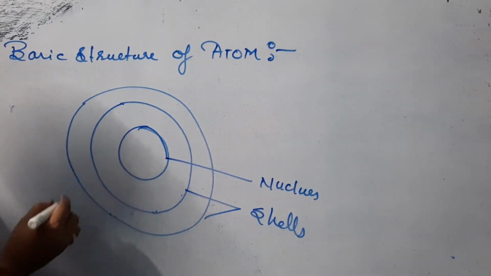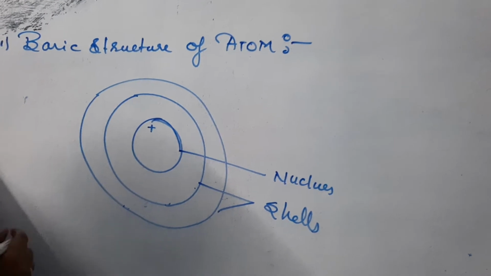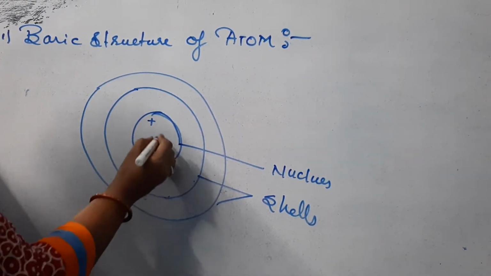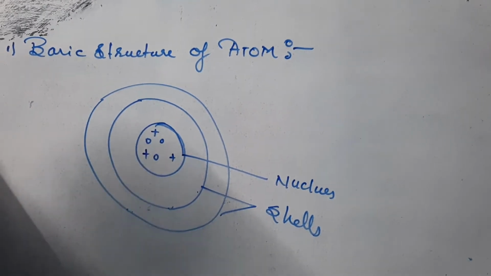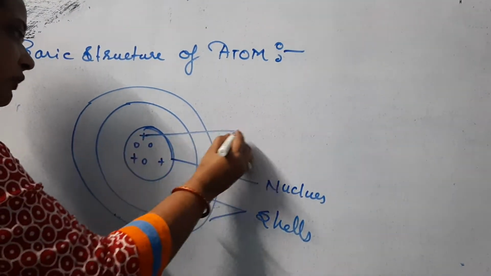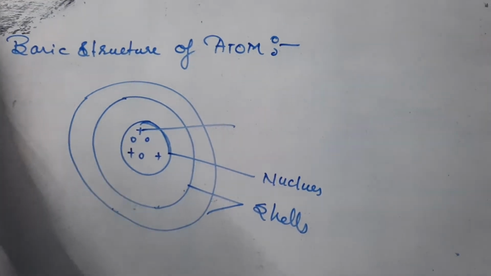Inside the nucleus, which particles are present? Some have a plus charge, and some particles are present but have no charge. Positive charge particle के बारे में क्या पता है?